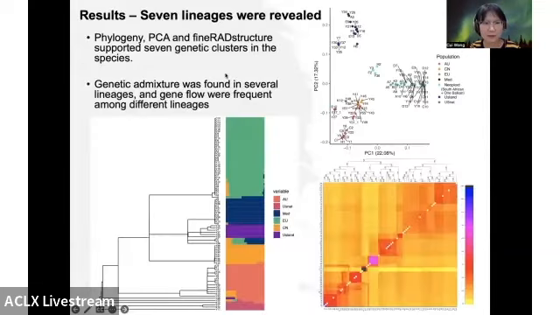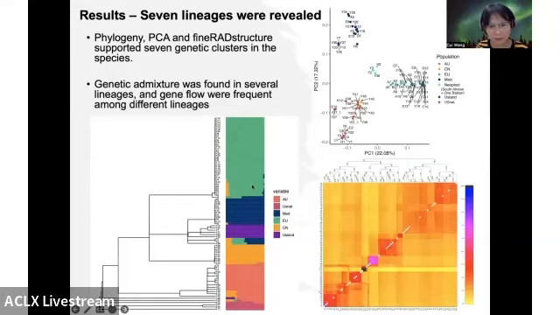This is further supported by phylogeny, PCA, and fineRADstructure. In this phylogeny and the population mixture picture, we could see that there is some genetic admixture.